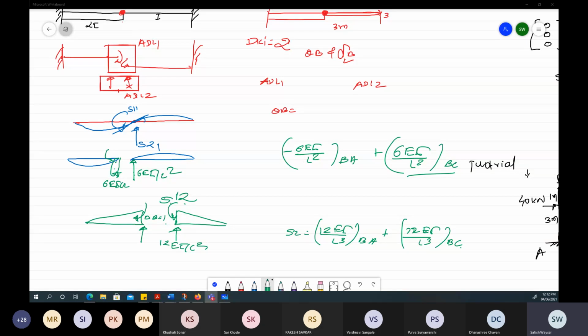Just a minute, let me tell you the support reaction that I have with me. Horizontal reaction at C, HC is equal to 25.60.